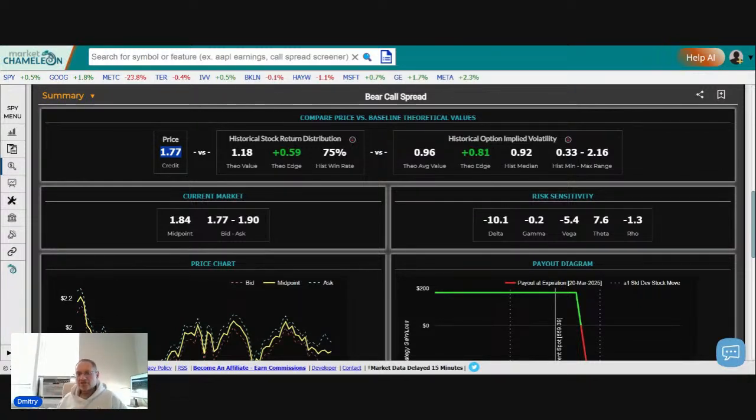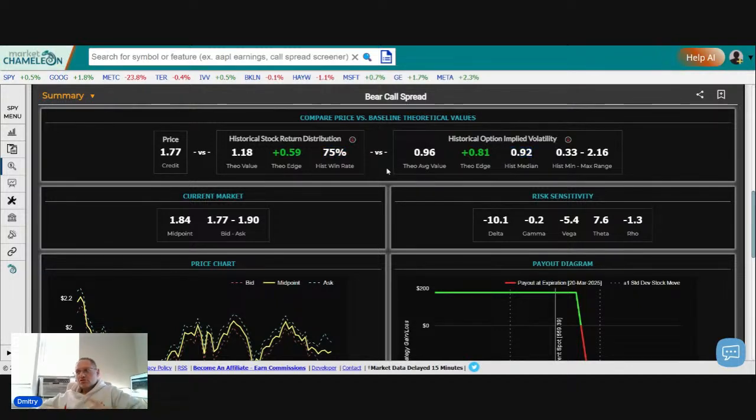So that's where we start out the evaluation. That's where this trade card starts to say, okay, if we use that price alone, how does it look? But if you get a better price, let's say $1.84, all these improve, right? Your edge improves, your win rate probably improves.